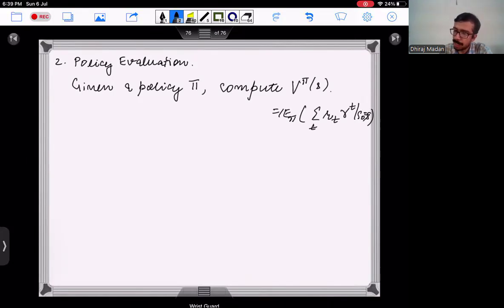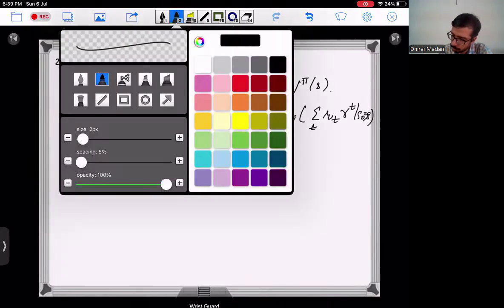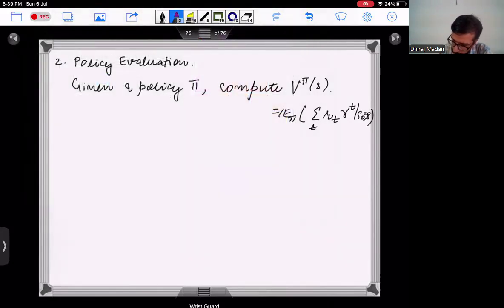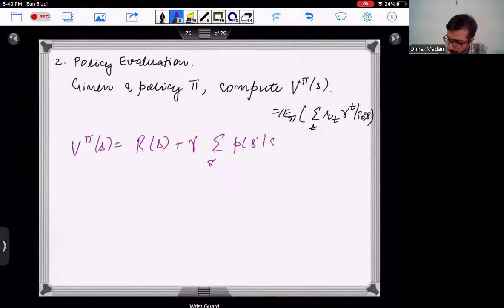We saw that this V pi of S satisfies a set of equations which is known as Bellman's equations. So what are these Bellman's equations? Essentially V pi of the state S is the reward you get at the state S plus gamma, the discount factor, times the sum over the next states S prime, P of S prime given S and pi of S, and then V pi of S prime.